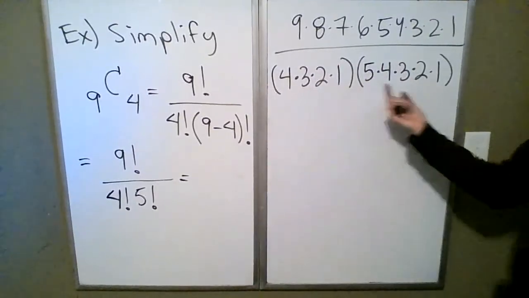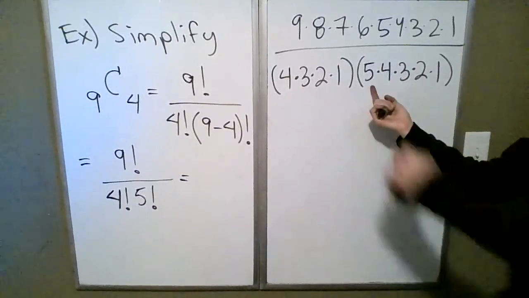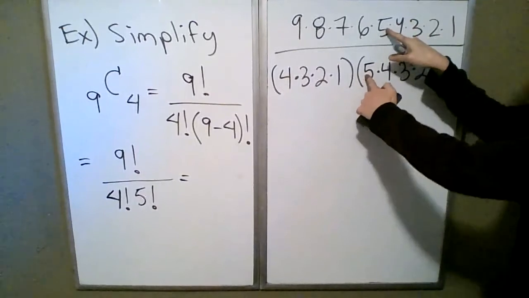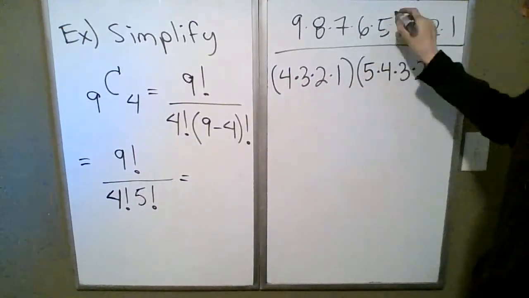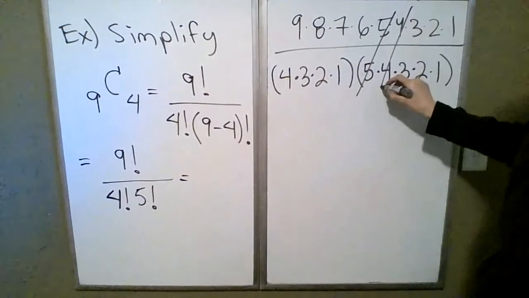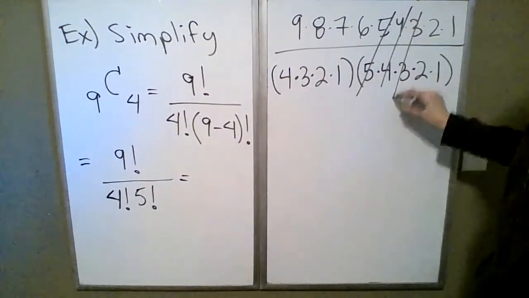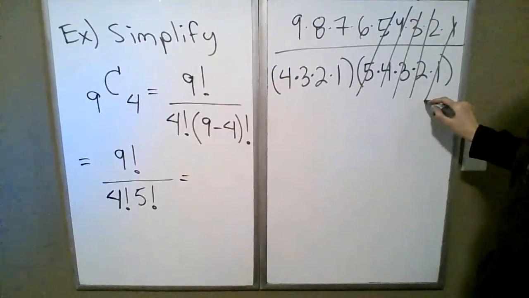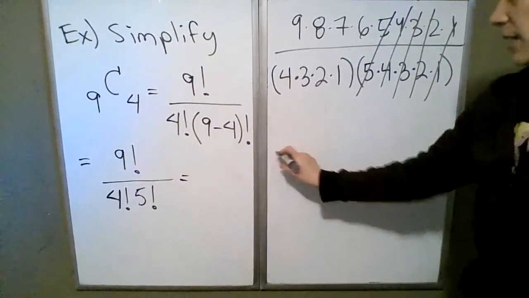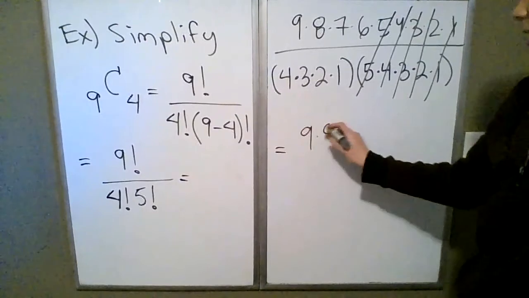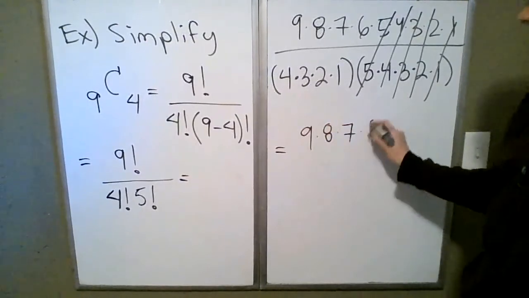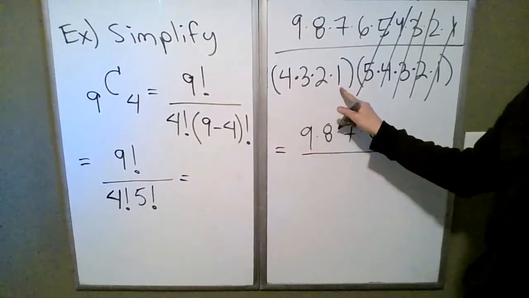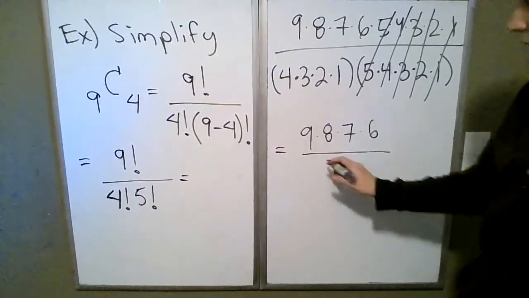I want to work on this part and also the numerator. So 5 over 5 simplifies to 1. Same with the 4 over 4, 3 over 3, 2 over 2. Let's see what's left. 9 times 8, 7 times 6, over 4 times 3 times 2 times 1. I don't really need to multiply by 1 because it keeps the number the same.